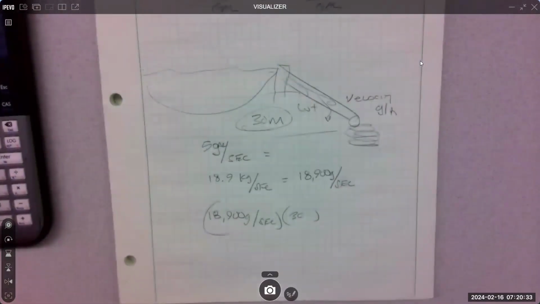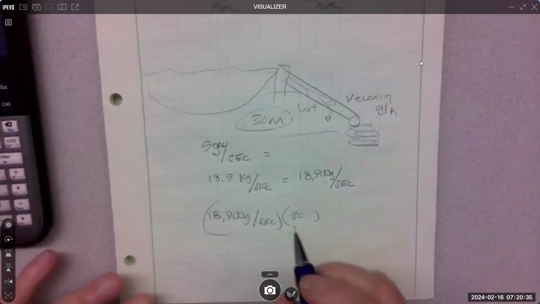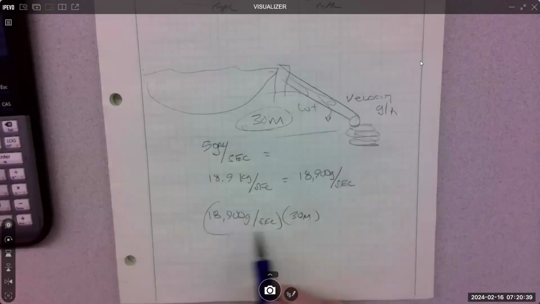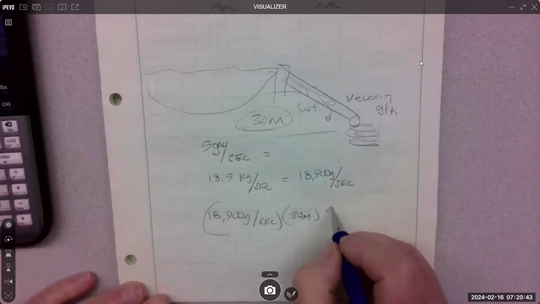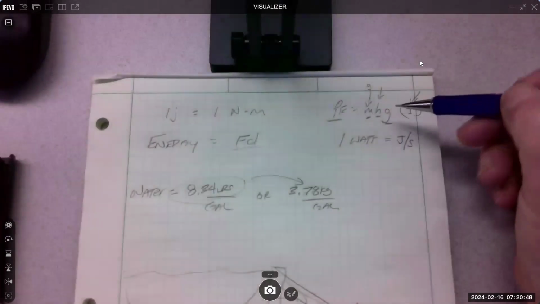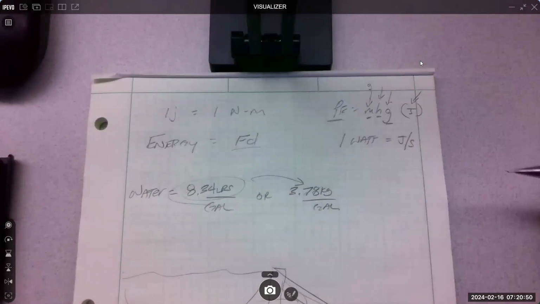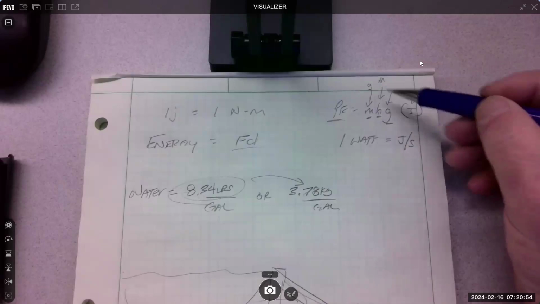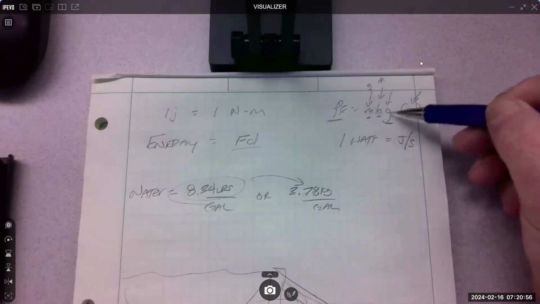Because the equation is much easier in meters. So if we can get meters, grams, second, and then 9.81 is the gravitational constant. That's what this is, 9.81. So we got mass, height in meters, mass in grams, and G.